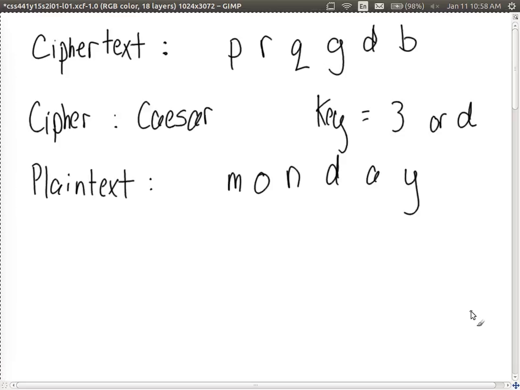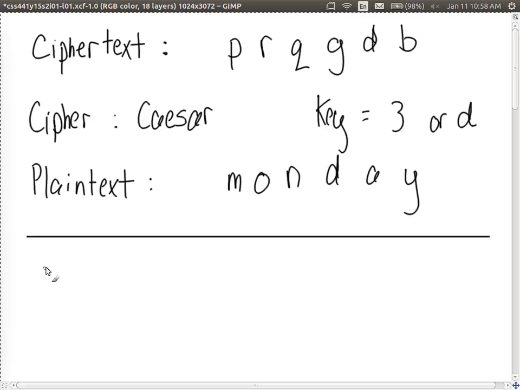Let's consider another example when we have a different value of the key. A different example where the ciphertext, I'll give you another one.